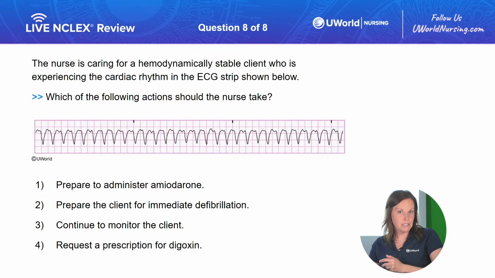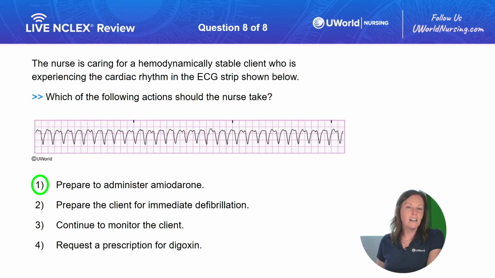After we explain this question, we'll announce the winners of the 2 30-day subscriptions. Our correct answer on this one is going to be amiodarone. What we see here is VTAC, and the question says that the client is hemodynamically stable, so we are going to treat this client with medication or cardioversion.